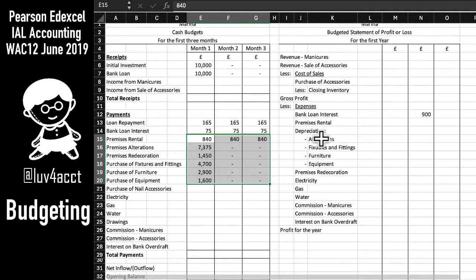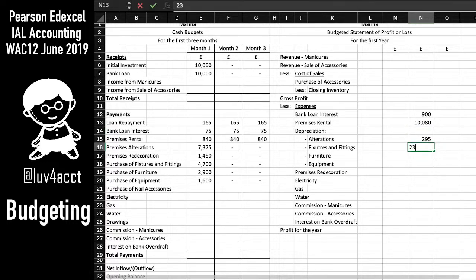So rental first, premises rental. Again for 12 months, so 840 multiplied by 12. Alterations, we have calculated before. 235, is it? No, 295.